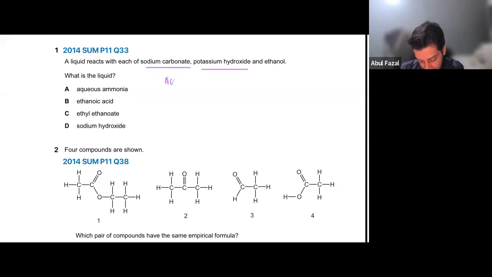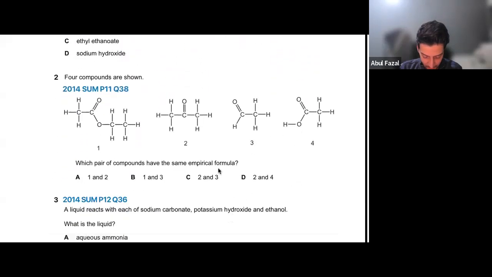So an acid can easily react for these two. What reacts with ethanol? Nothing really, aside from a carboxylic acid that can esterify with it. So we do have a carboxylic acid in the response. Take B, pretty easy. If you can answer in the chat, try doing it. Let's try question number 2.